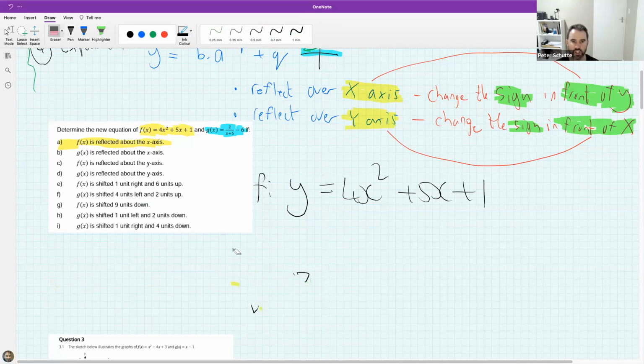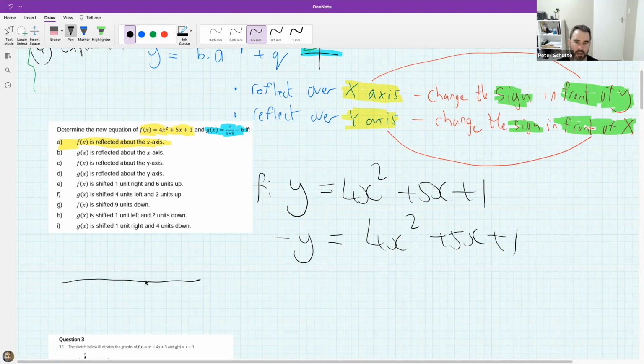So if we change the sign in front of the y, at the moment it's plus y, well then it will become negative y. Another way of thinking about this is if I have a coordinate, say like over here, and I reflect this coordinate. Let's say it's in line with 3 on the y-axis.